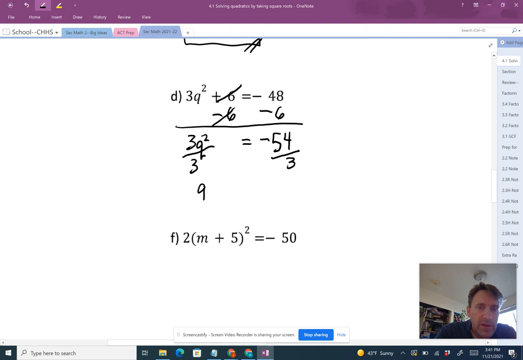And we get q squared is equal to negative 17. No, not negative 17. Negative 18.